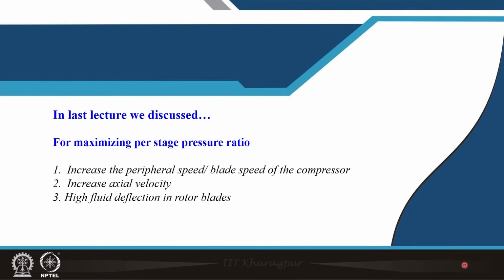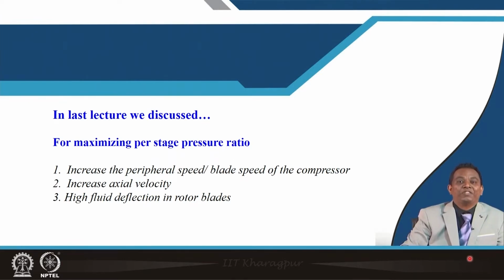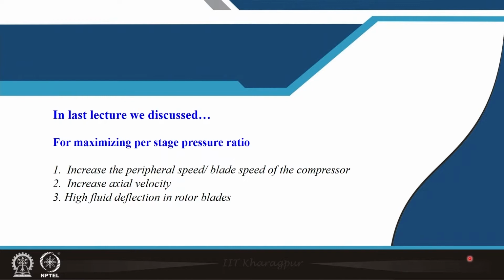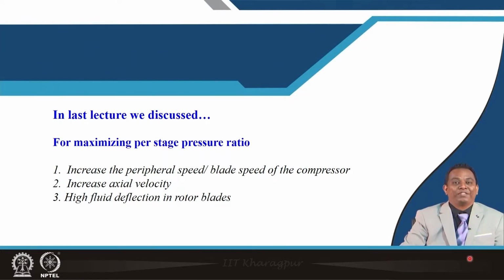In the last lecture we were discussing maximizing the per stage pressure ratio. That's a recent trend and a requirement from industries, especially for aero engines where size, weight and operability are of major concern.